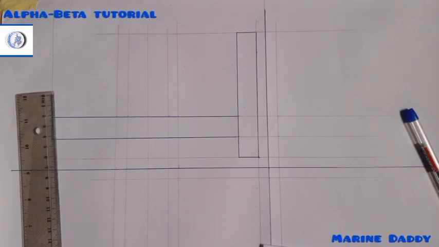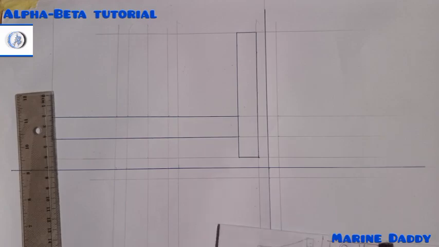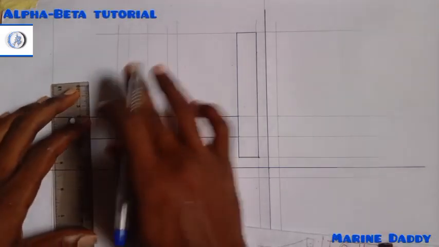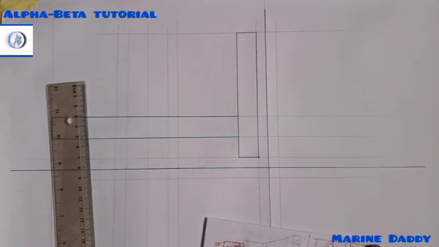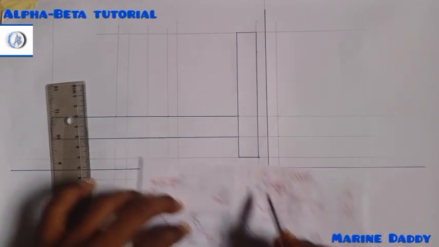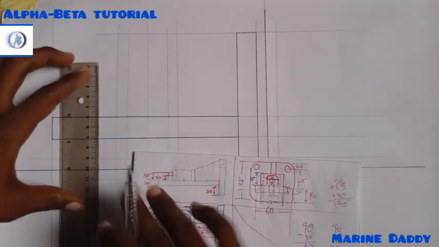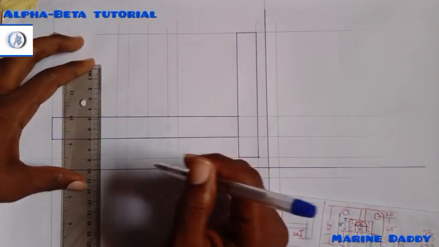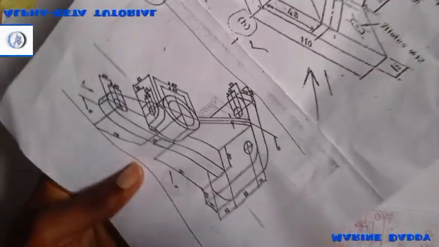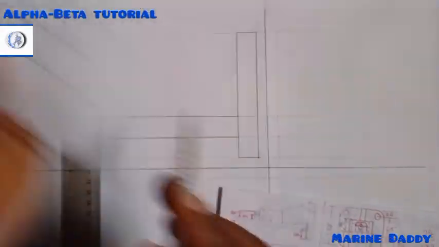So after doing this, the next thing I need to do is to now measure the depth. Now the height from this place to this place, it was given to us as 45. After doing our calculation, we got 45. Right? And if you are looking at this, you see it's 45.